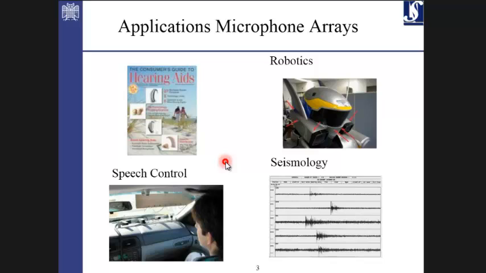And the same project is running, or was running, I'm not sure if it's finished or not, by many companies. As far as I know, Mercedes and BMW were trying to deploy such a system inside the car, such that those people sitting as passengers behind don't need to shout in order to communicate with the driver, to say some statement to the driver, and the same way back. So that would be much easier inside the car.